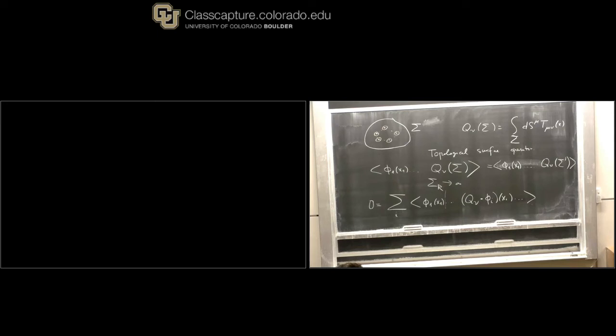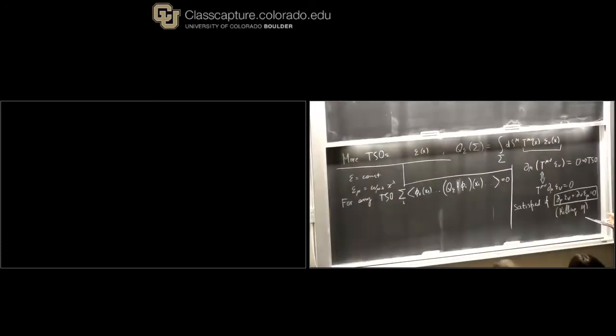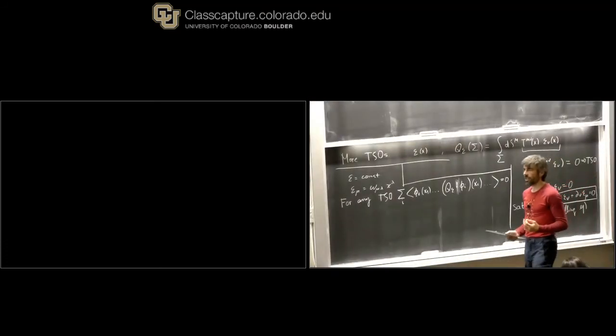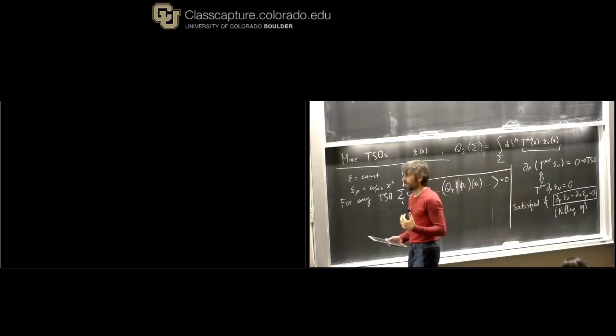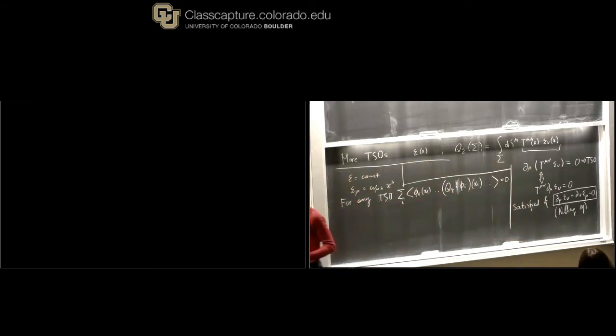So now, in this very general framework, we have this vector field, we have this Q epsilon, we define it as an integral of the stress tensor. Now, what is going to be the physical meaning of these Q epsilons? We would like that these Q epsilons have the same physical meaning as in our first lecture, namely that they correspond to spatial transformations corresponding to this vector field epsilon.